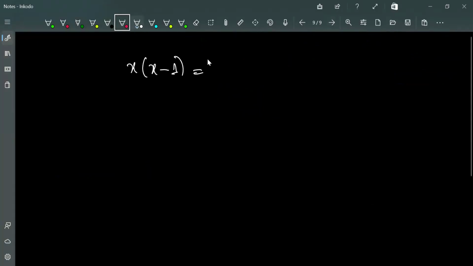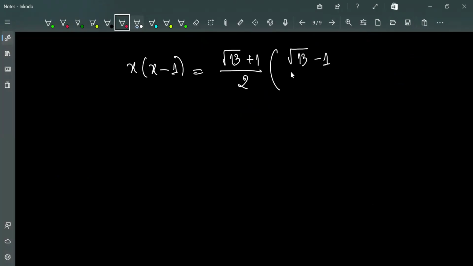So we can substitute x by square root of 13 plus 1 over 2. And we can substitute x minus 1 by square root of 13 minus 1 over 2.